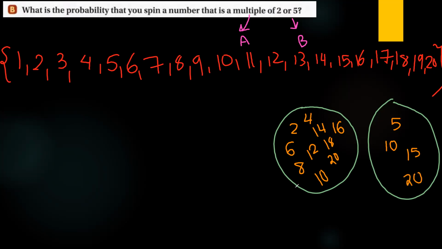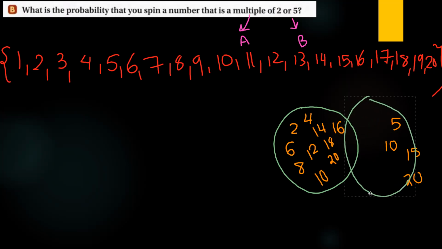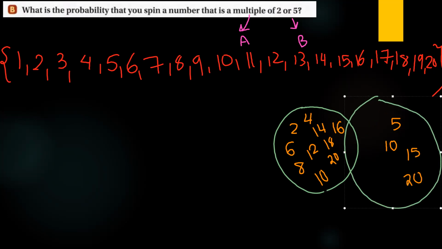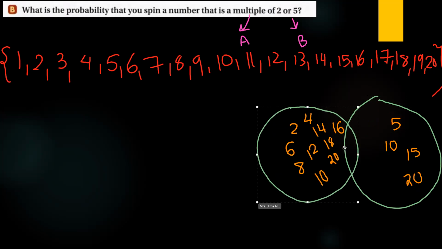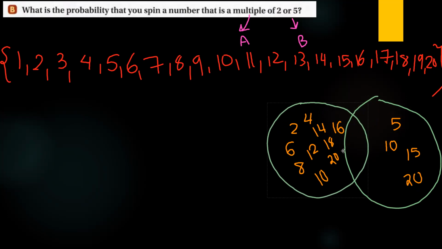If I want to combine these 2 circles, is there a common number? Yes, 10 and 20. So number 20 will be common, and number 10 will be common.